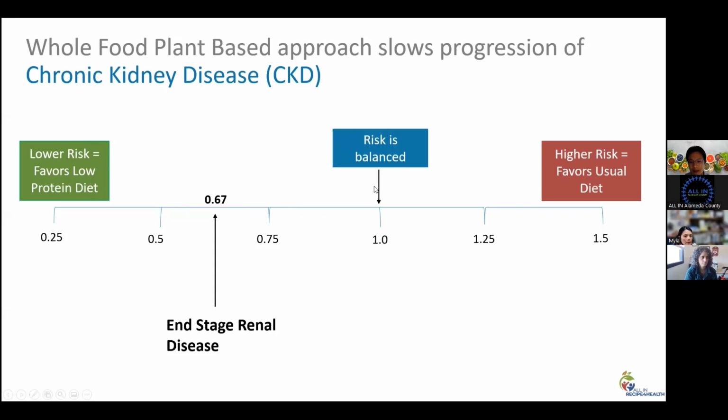Remember, at 1, it's balanced, and anything above that is worsening. And I've tried this, and there's a nephrologist at Sutter who's kind of department chair, and he's been doing a lot of interesting research looking into this whole food plant-based approach for folks with CKD.